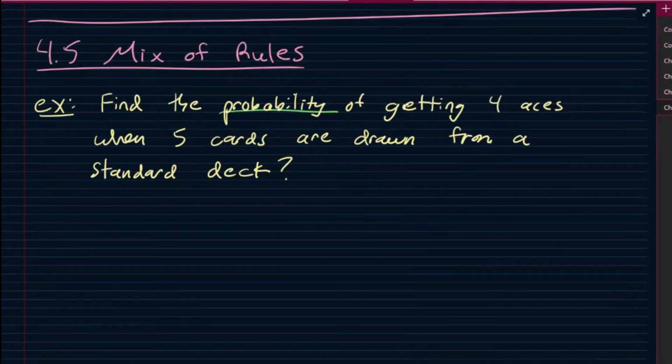So now we can set it up as a fraction where the numerator is the number of favorable outcomes and the denominator is the total number of outcomes. And what are we looking for? The probability of getting 4 aces when 5 cards are drawn from a standard deck. So I'll write probability of 4 aces. As I mentioned, it's a probability, so it's got to be a fraction.